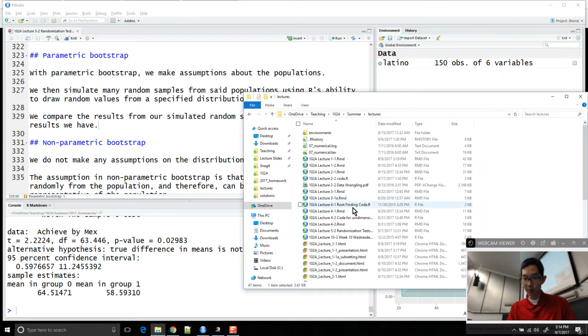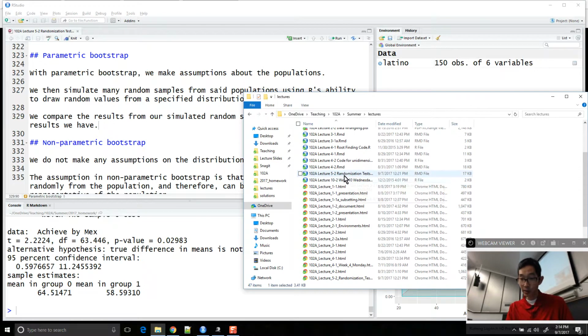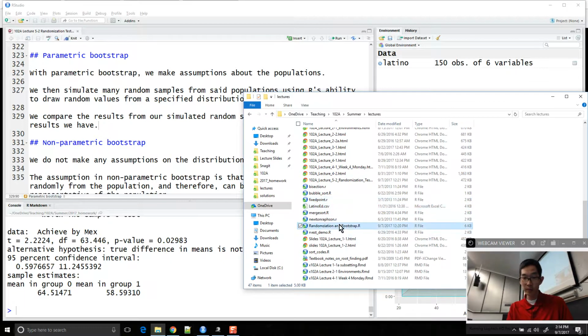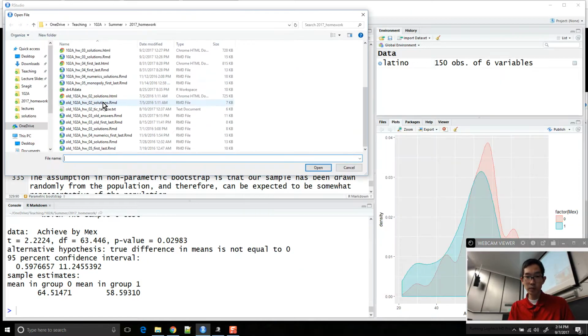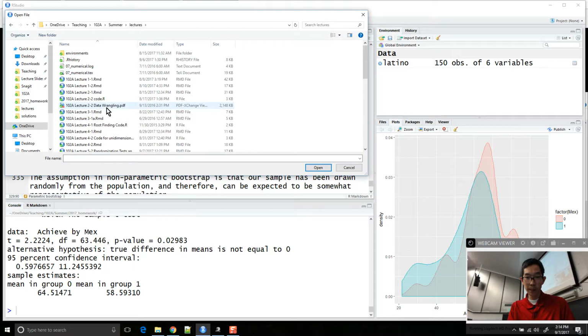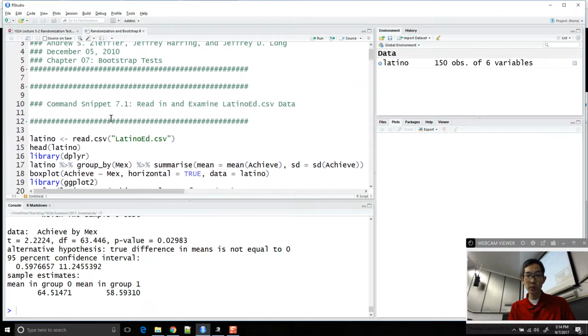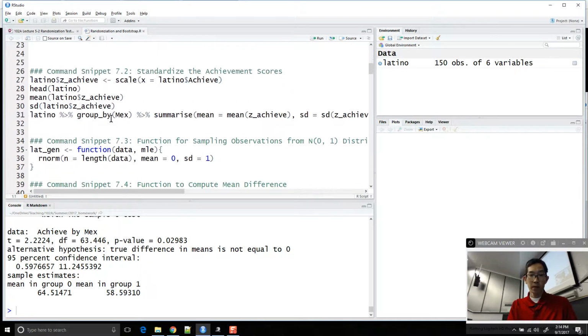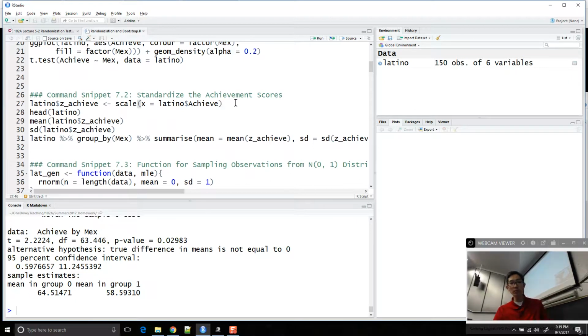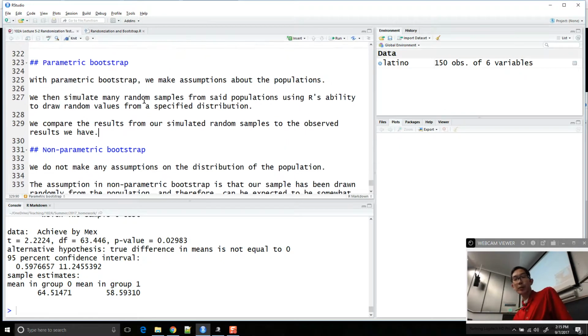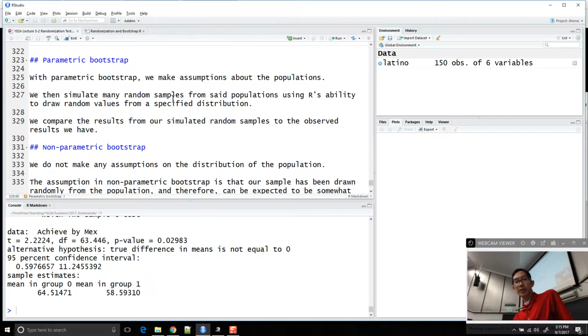Let me pull up the code. Okay, so with the parametric bootstrap, we make assumptions about the populations.